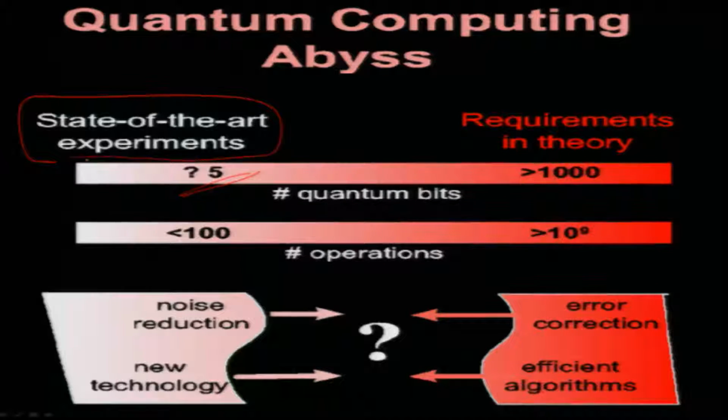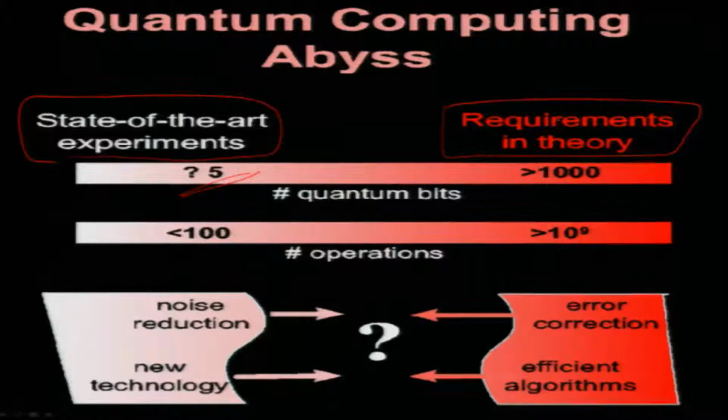Typical requirements, in theory, to do something realistic and break into the arena where current classical computers are having difficulty would require around 1000 qubits, which is quite difficult. We are at least a couple of orders of magnitude away, at least one order of magnitude away, before we can start doing something which is very difficult for a classical computer to do.